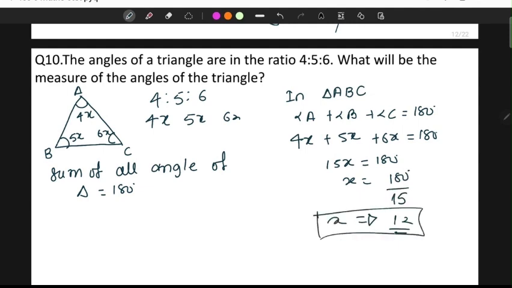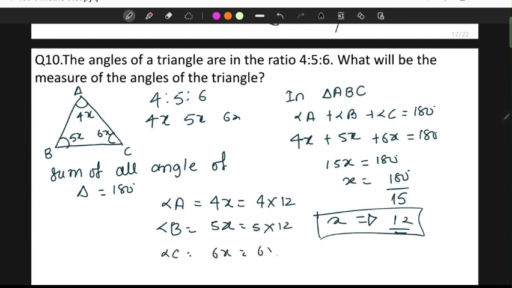They have asked us to measure the angles individually. Angle A is equal to 4x, so 4 into 12 gives 48. Angle B is equal to 5x, so 5 into 12, that is 60 degrees. Similarly, angle C is equal to 6x, so 6 into 12, that is 72 degrees.